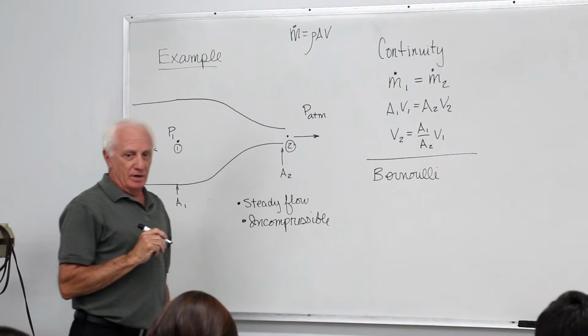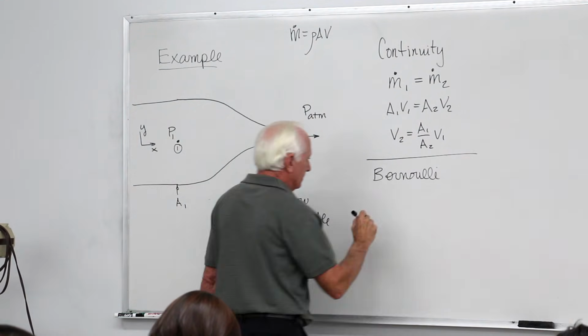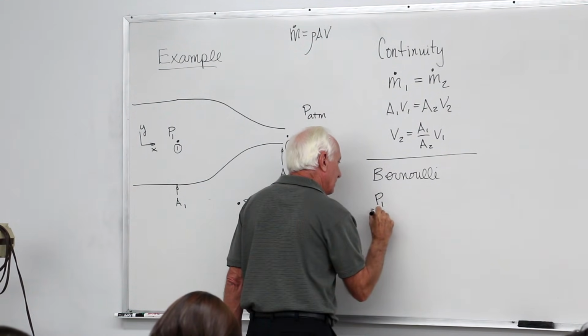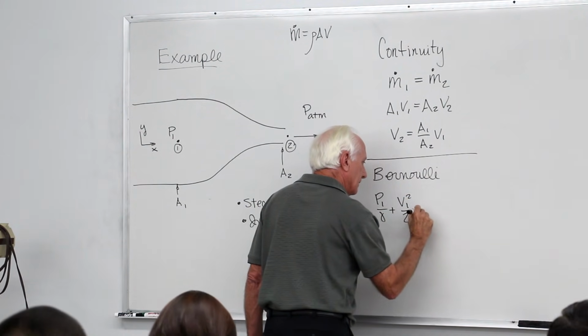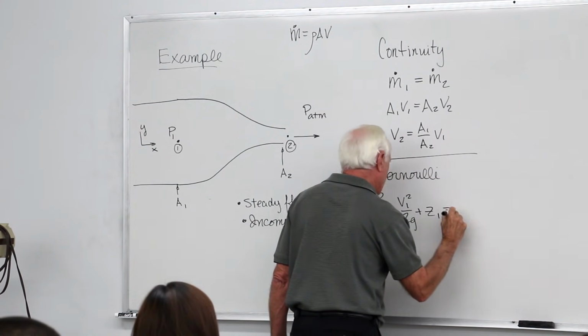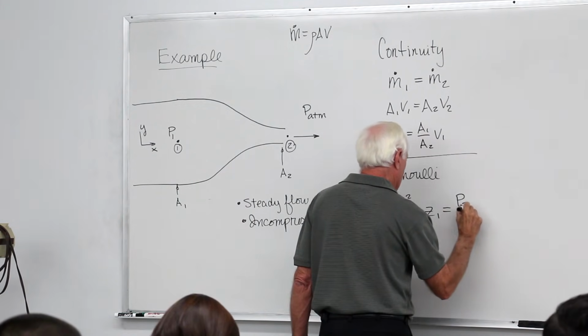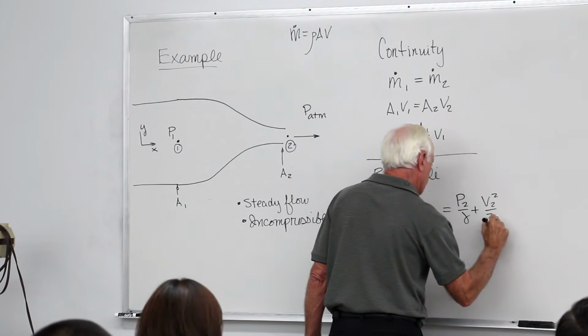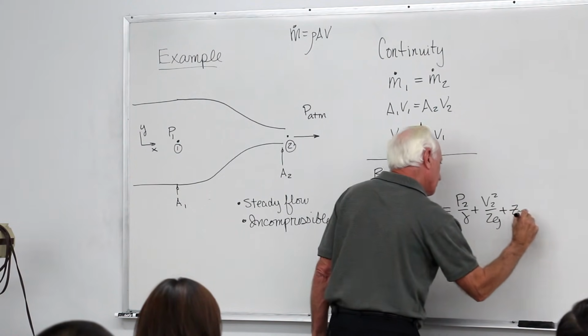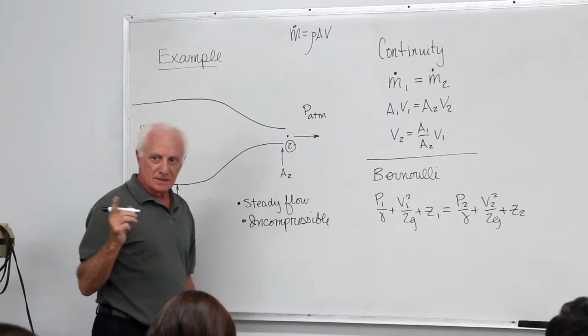Bernoulli equation, from where to where? 1 to 2, obviously. The head form: P1 over gamma, V1 squared over 2g, and Z1. Make an assumption now.